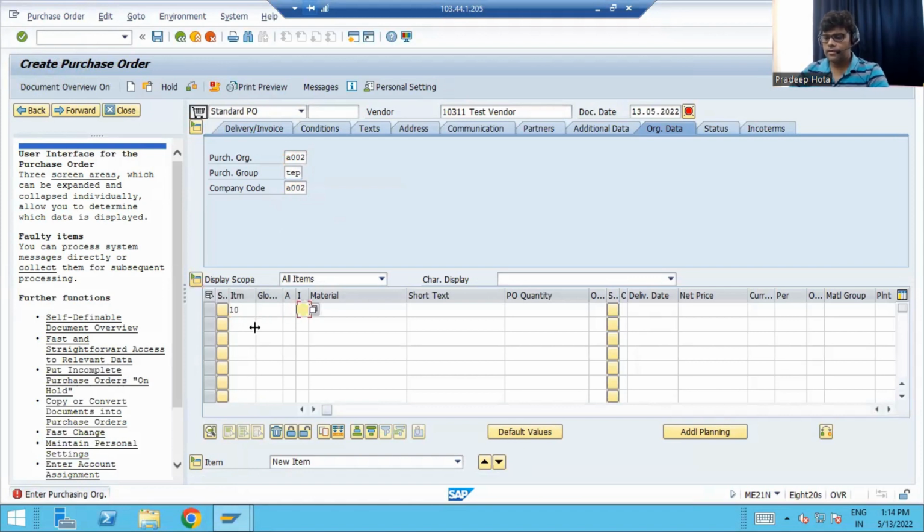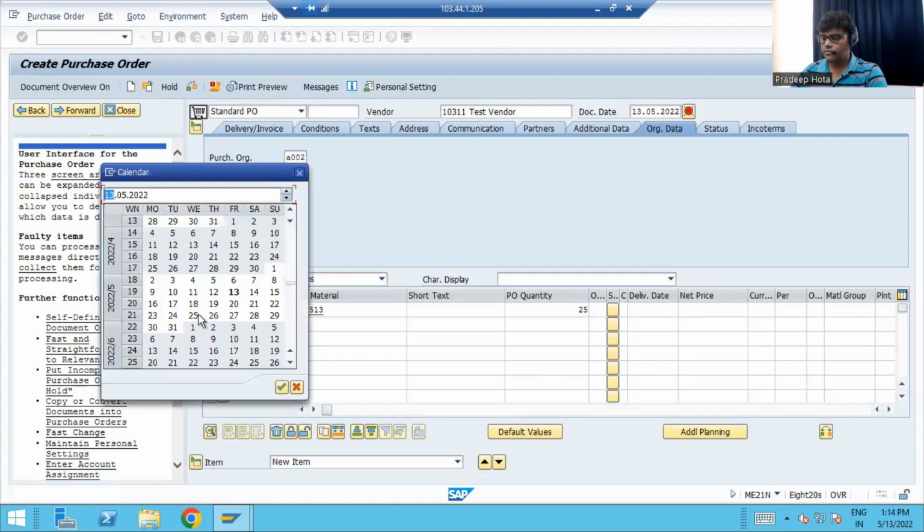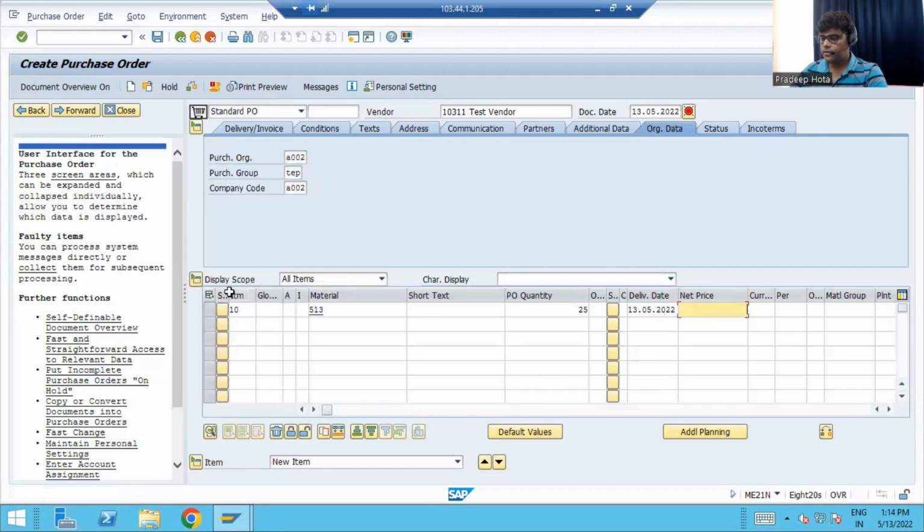For demonstration purposes, I created one material, and the material number is 513. Quantity, as per my example, is 25 units, the expected delivery date is the current date, and the price is 5.